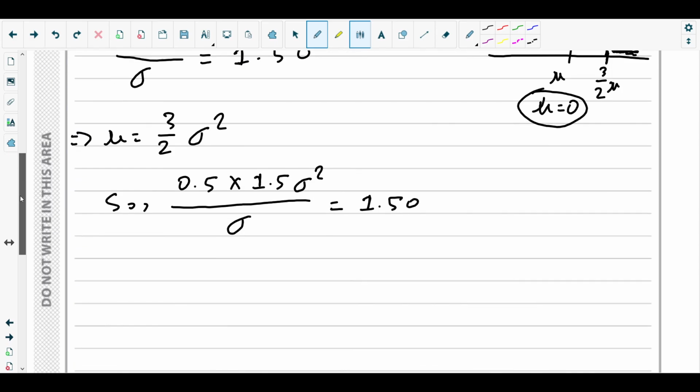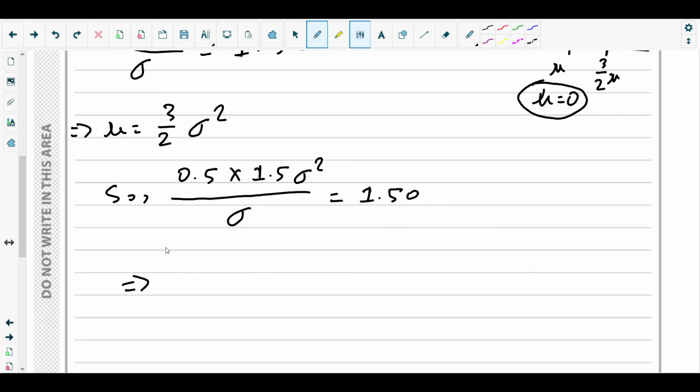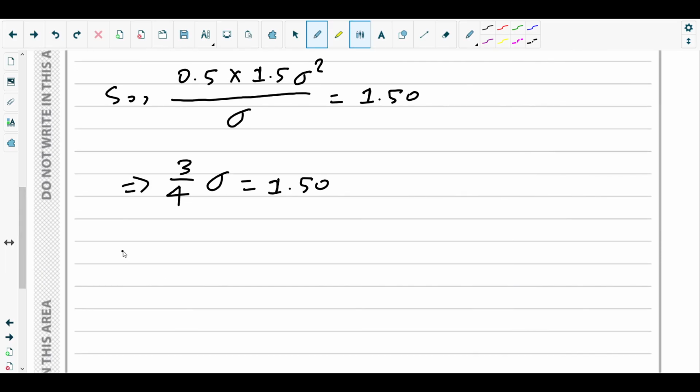Sigma cancels out from the numerator and the denominator. So you get 0.5 times 1.5, which gives you 3/4. So 3/4 sigma is equal to 1.50. We need the value for sigma. So sigma would be 1.50 over 0.75, which is 2. The value for sigma we got is 2.